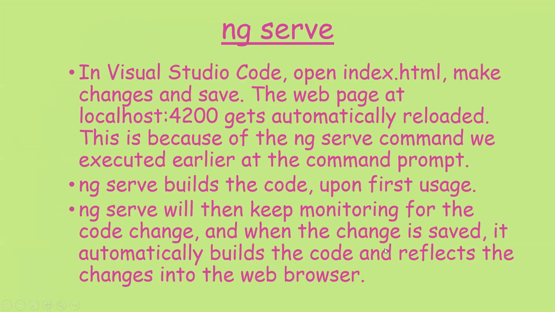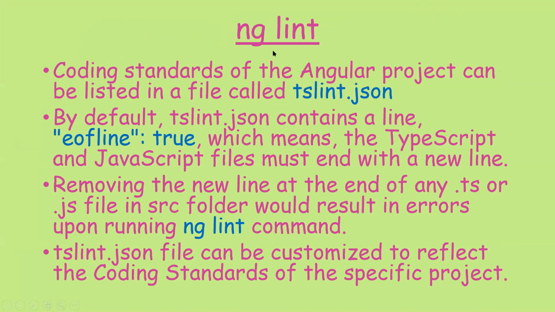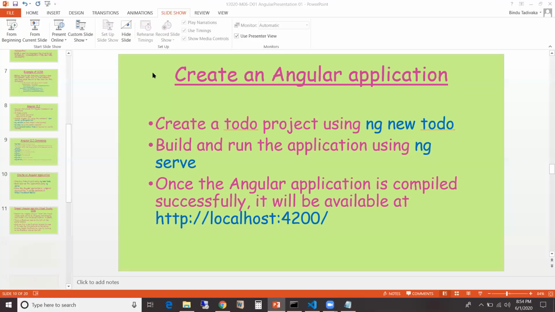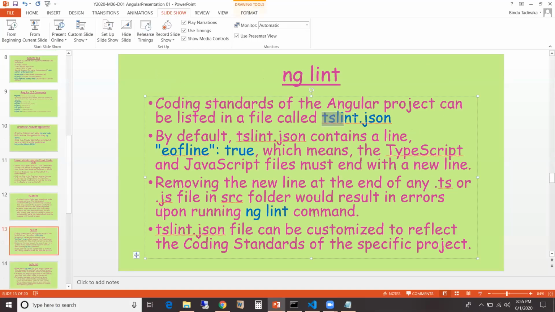So we discussed all of this, and we discussed ng serve, and now we need to discuss ng lint. So the ng lint command makes sure the coding standards have been met, and the coding standards are mentioned in the file tslint.json.